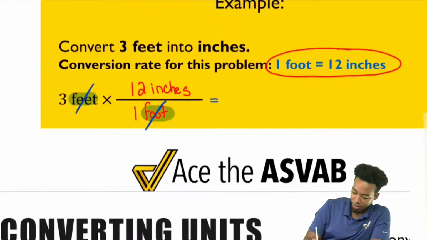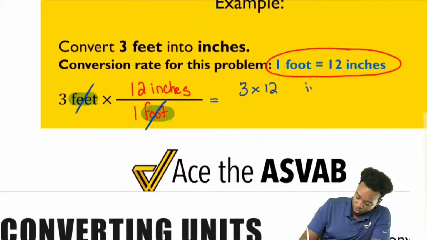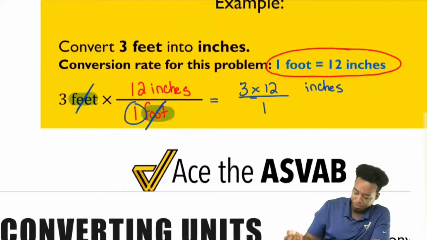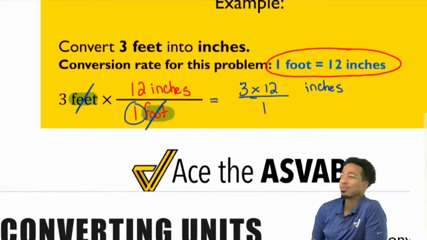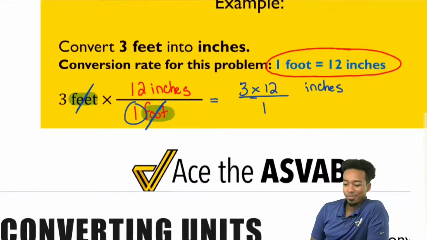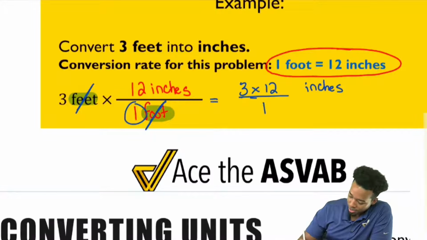And look at what you have now. Everybody, we're going to have 3 times 12. That's going to be in inches. And then we have that 1 still at the bottom, but that's not going to matter too much, is it? What's 3 times 12? Right, that's going to be 36 inches right there. That'll be 36 inches, nice and easy.